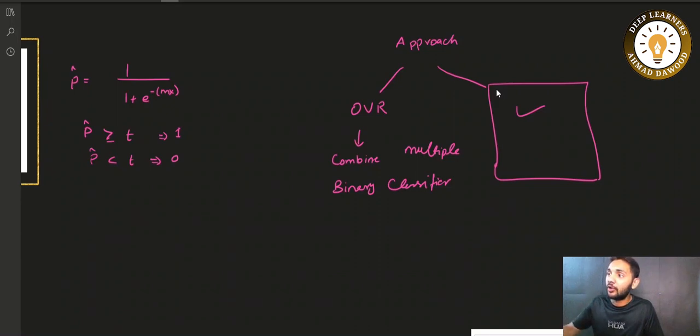One of the preferred approaches to combine multiple binary classifiers into a multi-class classifier has multiple schemes. We will discuss the one versus rest scheme, which is mostly preferred in the case of logistic regression.